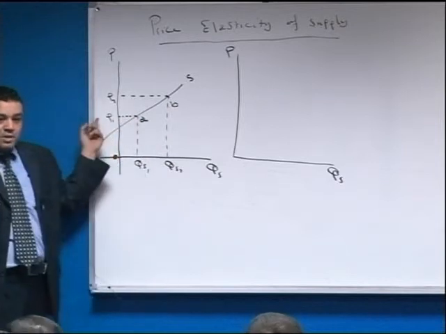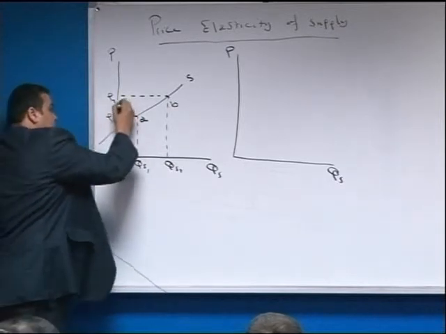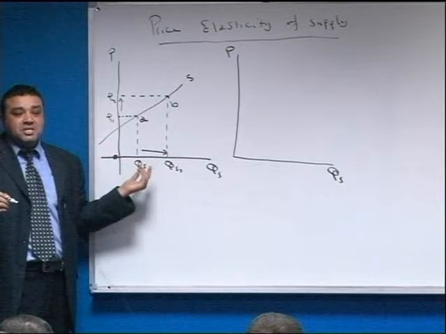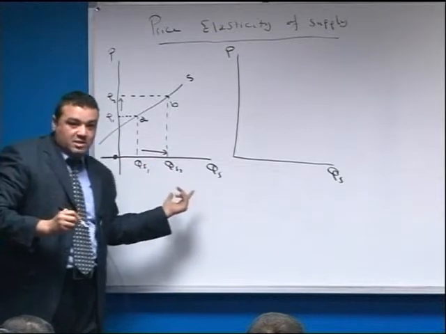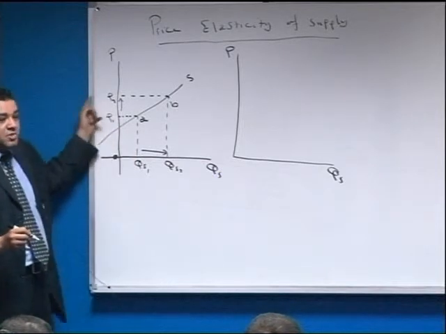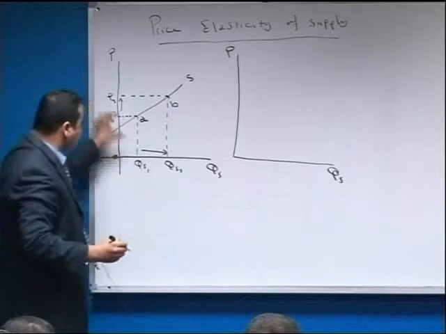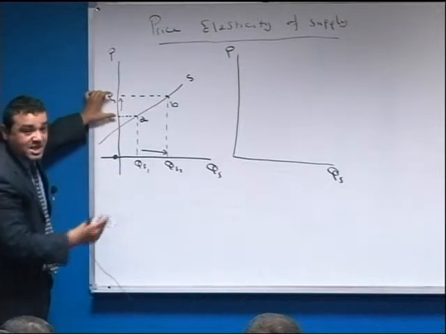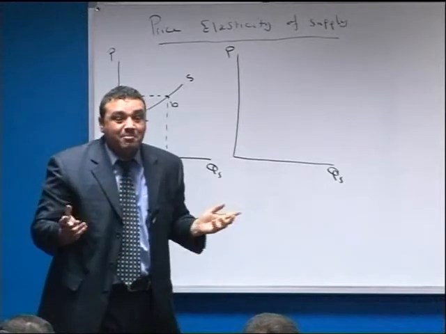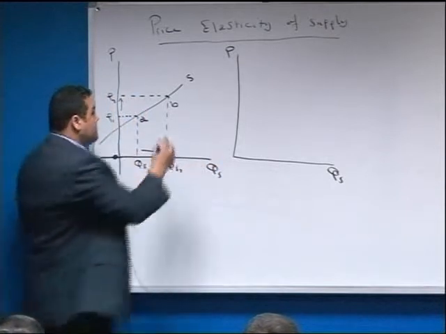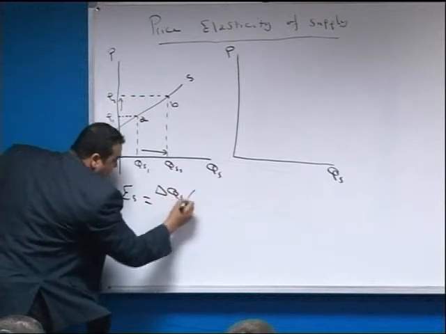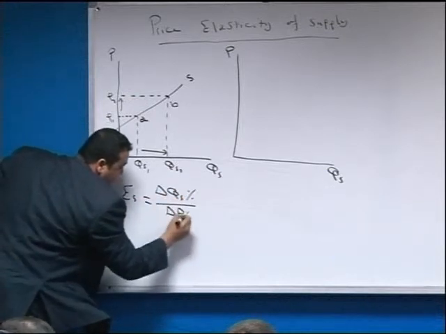As you see, when the price is increased from P1 to P2, the quantity supplied increased, but the magnitude of the change in the quantity supplied is larger than the percentage change in the price. The percentage change in the price is smaller than the percentage increase in the quantity supplied, so the supply is elastic, because ES equals delta QS percent over delta P percent.